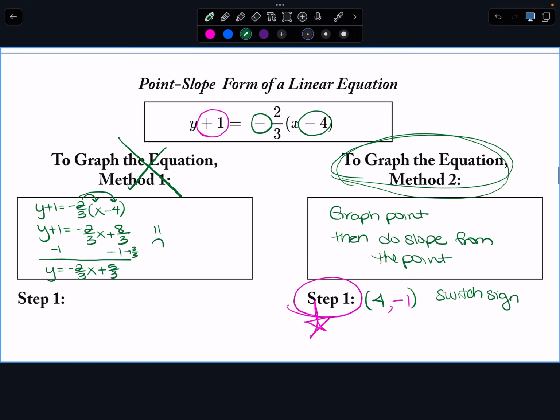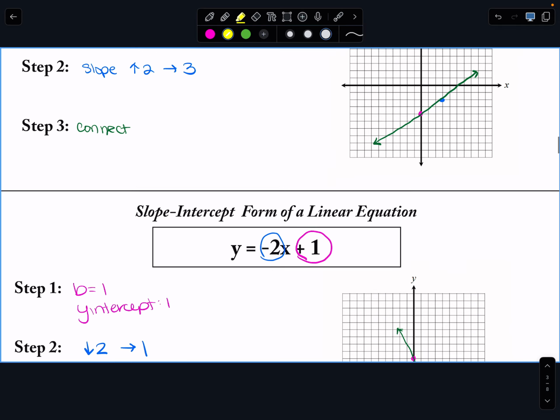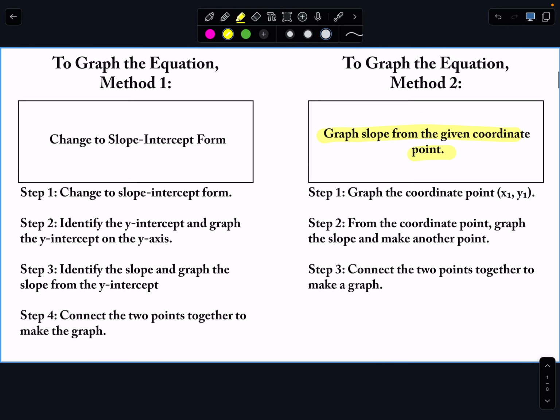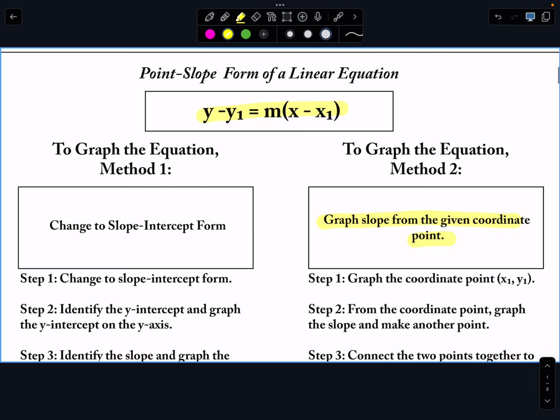It's the number in front right here. Because in the main formula, my M is in front of the parentheses.